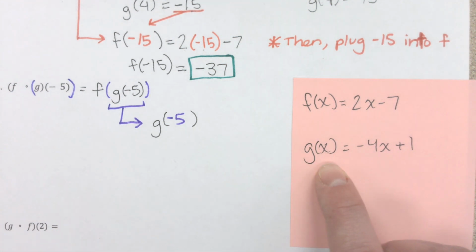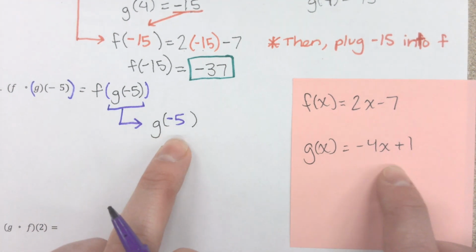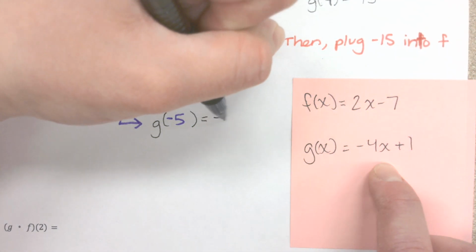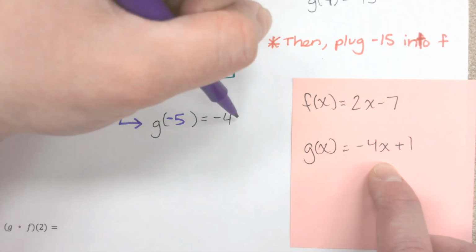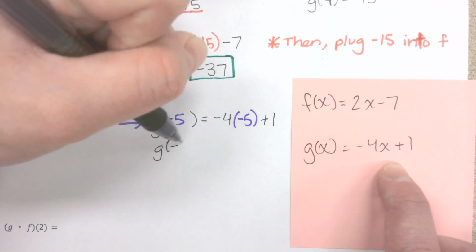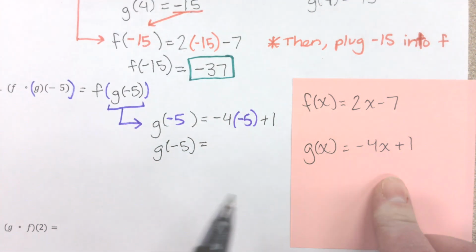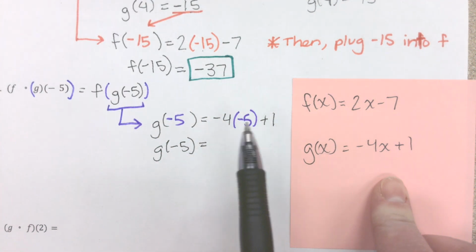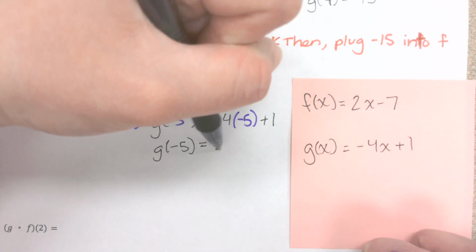We have our g function. We're going to plug negative 5 into the x here. So we have negative 4 times negative 5 plus 1. G of negative 5 equals negative 4 times negative 5 is positive 20 plus 1 is 21.